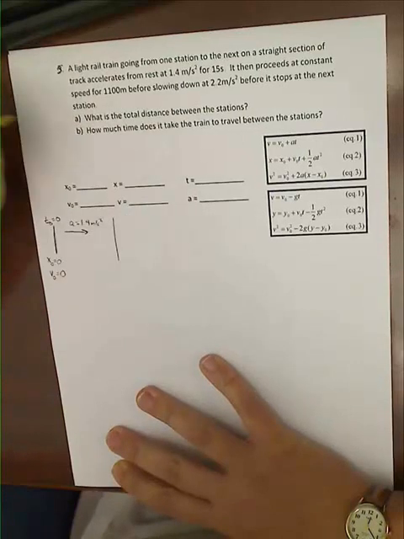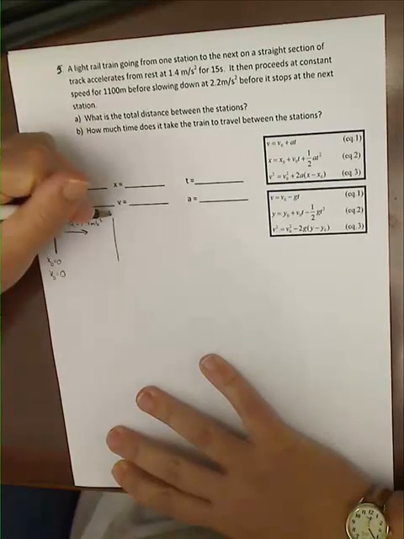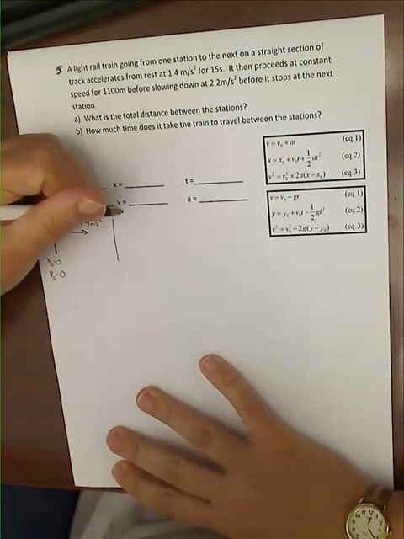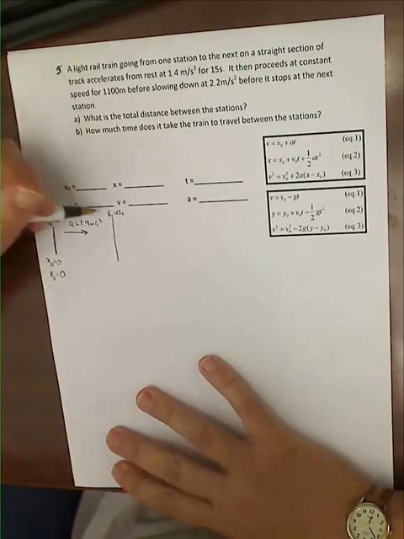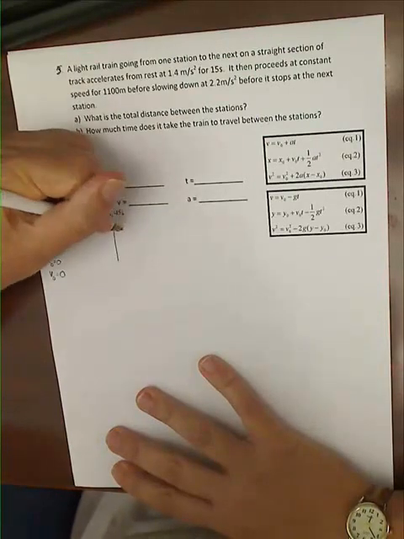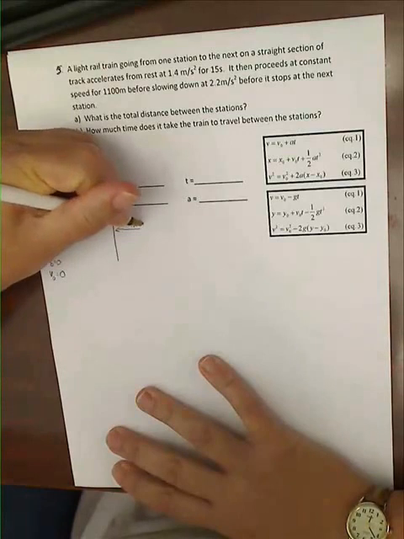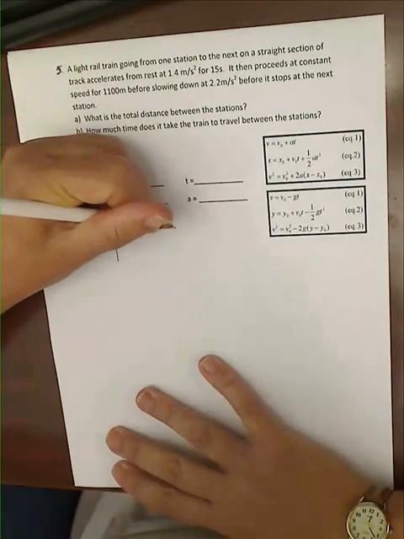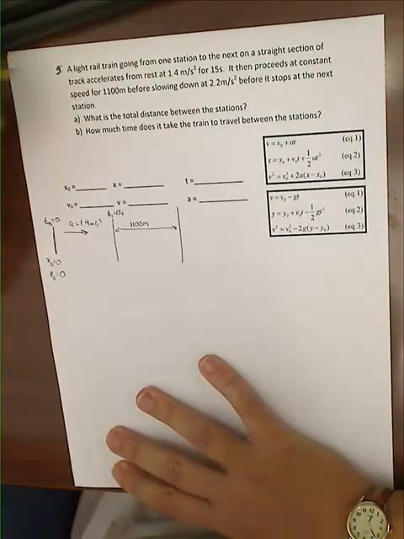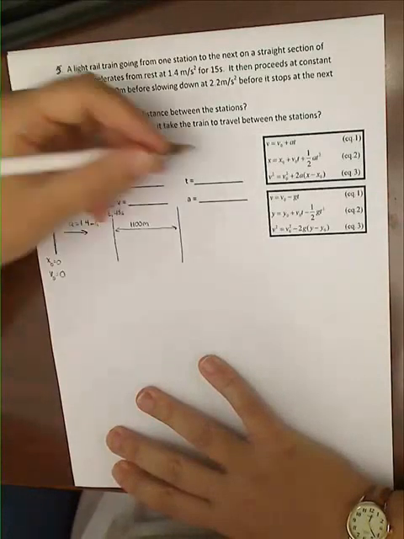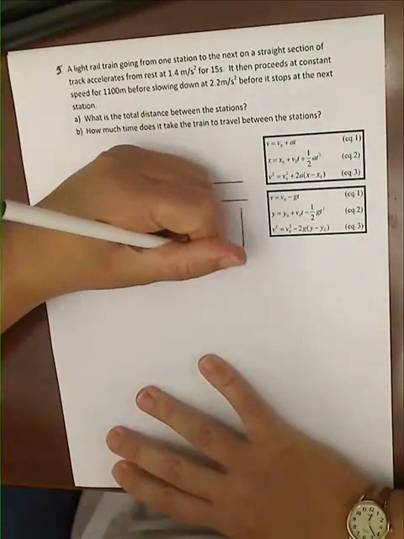At some time later, t1 = 15 seconds, it stops accelerating. After that, it proceeds at a constant speed. Whatever speed it was going when it hit 15 seconds, it keeps going at that speed for a distance of 1100 meters. And then it starts to slow down, until it's stopped at the next station.